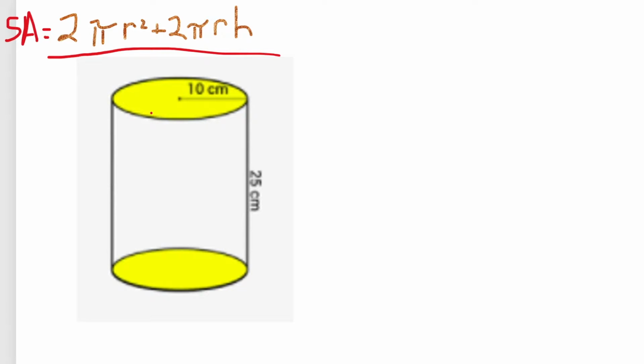Okay, now let's talk about where this formula comes from. If we're looking at this cylinder, it has a circle top and a circle bottom. Now, to find the surface area, we're really looking for the area of that circle, which is pi r squared.